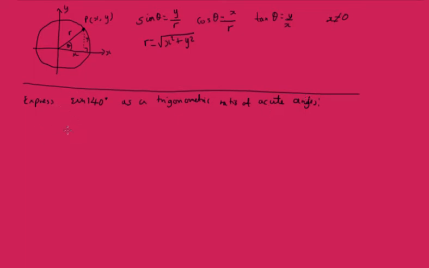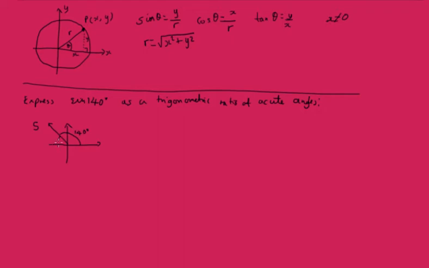So let's think about our sine of 140. So that's 180. So 140 is going to be over here somewhere. Because greater than 90, but less than 180. So that's about 140. And so in this quadrant, sine is positive.